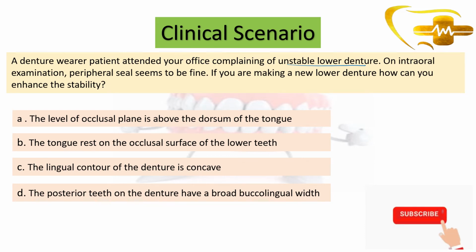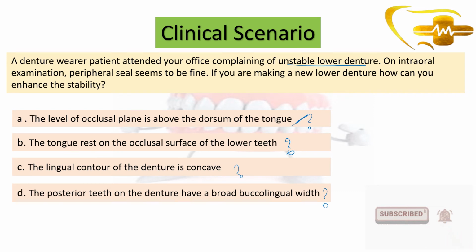The level of the occlusal plane. If you are making a new denture, should the level of the occlusal plane be above the dorsum of the tongue? Should the tongue rest on the occlusal surface of the lower teeth? The lingual contour of the denture is concave. The posterior teeth on the denture have a broad buccolingual width.